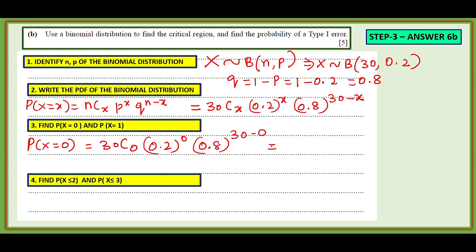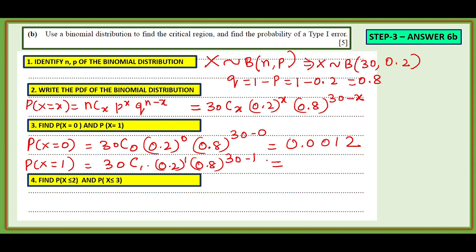So 30C0 is 1, and we can use the calculator and we can find this as 0.0012. And probability of x is equal to 1, we can understand 30C1, 0.2 raised to 1 and 0.8 raised to 30 minus 1, which is equal to 29, and we can use the calculator and find this answer as 0.00928.